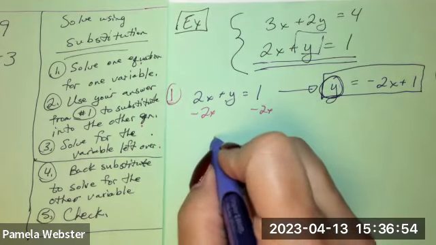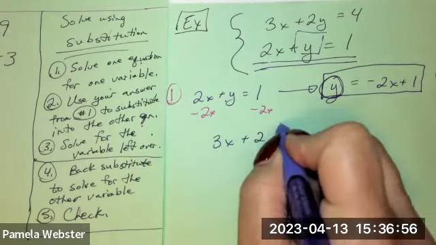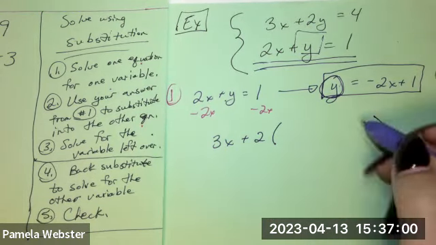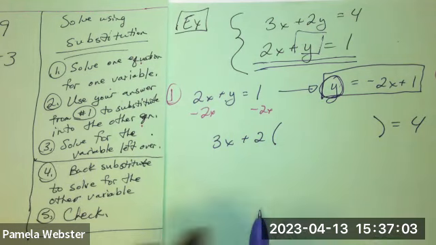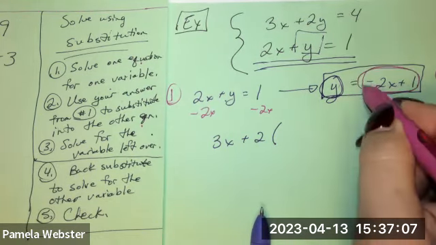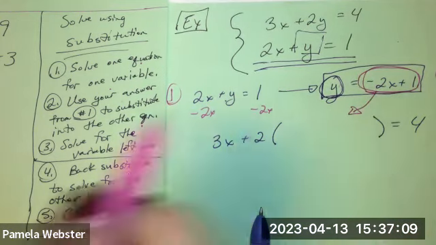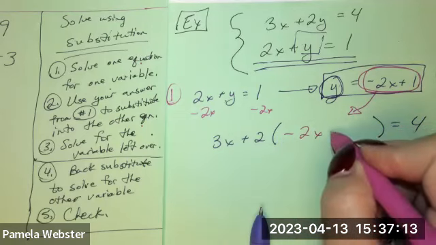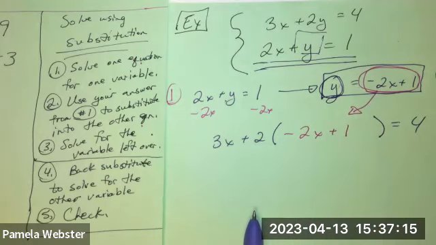So I'm going to come down here and say 3x plus 2 times y, I'll substitute in a minute, equals 4. And what am I substituting in? Well, the stuff that I solved in number 1. So substitute that back in, negative 2x plus 1.